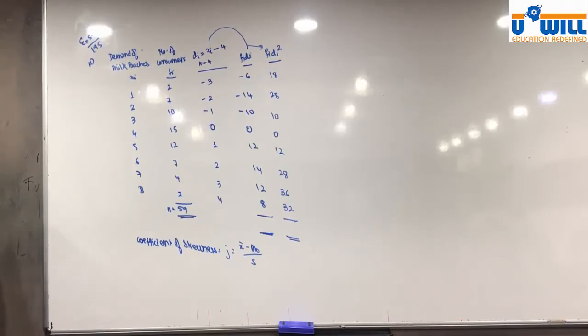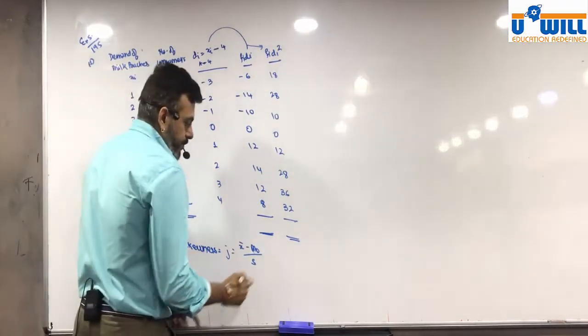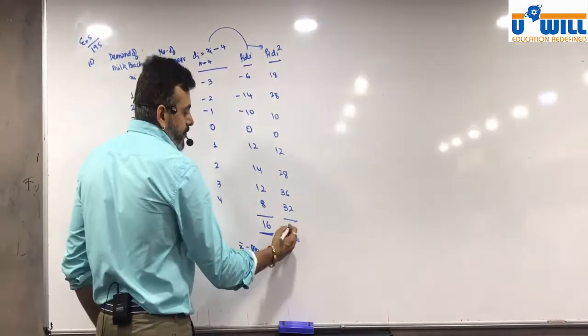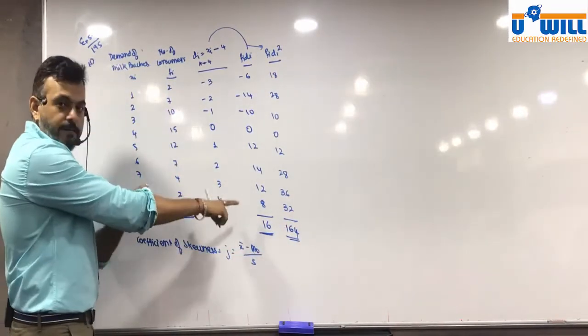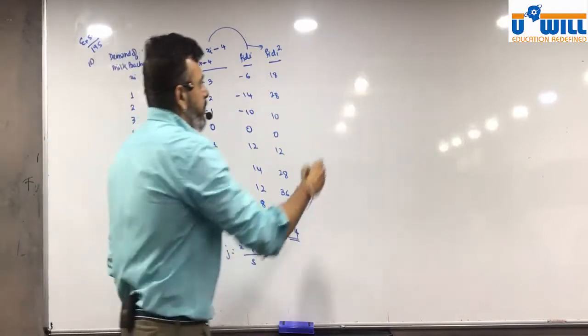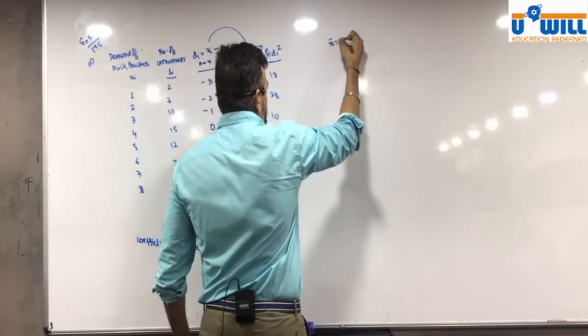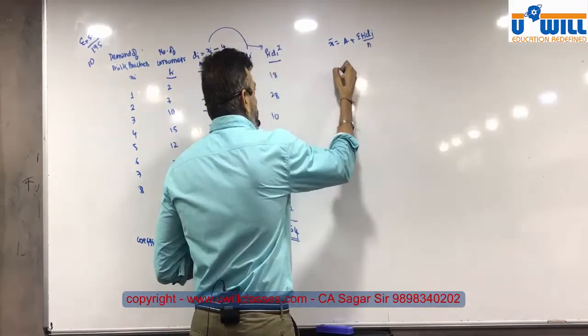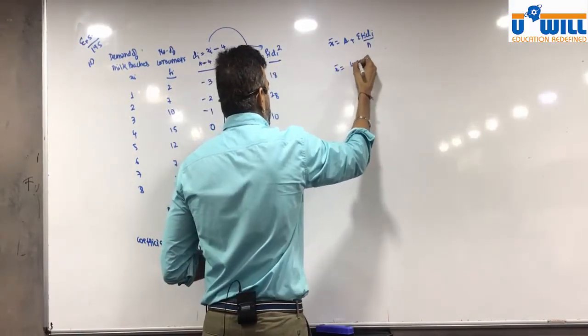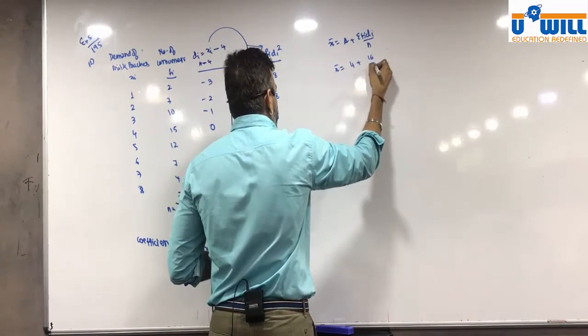What's the total fi di? 16, positive. And fi di square is 164. The calculations are correct. Okay, now x bar is equal to a plus sigma fi di upon n. X bar is equal to 4 plus 16 by 59.